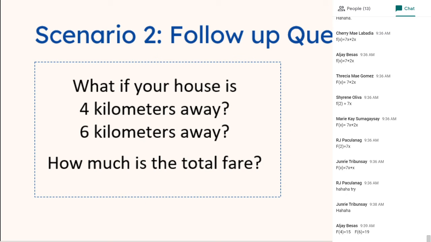Pwede tani siya i-combine such that it will become m of x is equal to, okay, we have an open bracket, 12x if x is less than or equal to 5, then 10x if x is greater than 5.